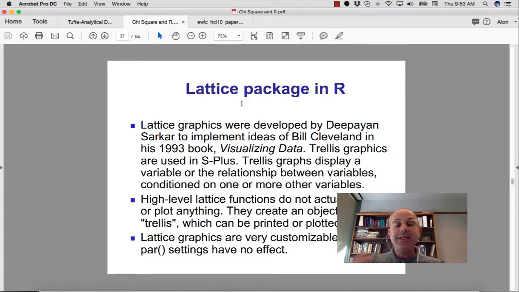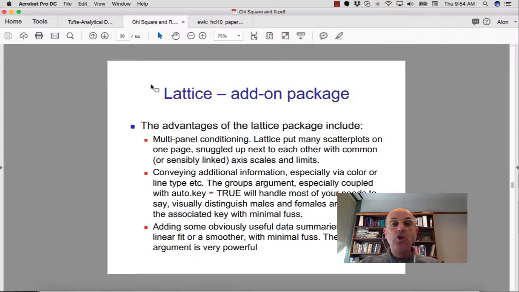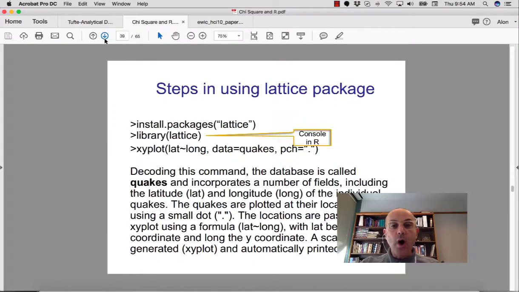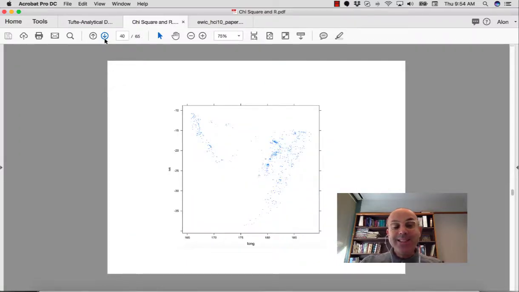The idea here is that we're going to learn about two packages that I want you to be aware of, or to be more comfortable using, when we are talking about visualization in R. The first one is the lattice package in R. It was created by Sarkar in 1993, and it allowed us to produce add-ons, something that we are not accustomed to seeing in Excel.